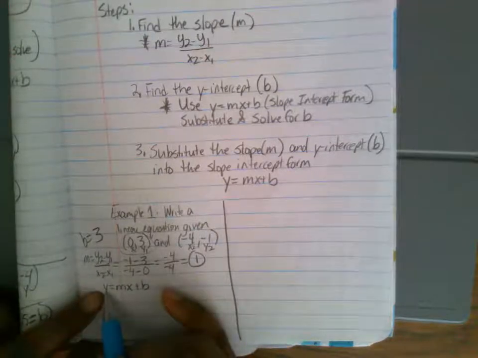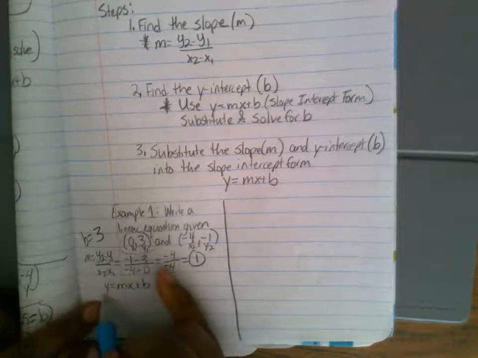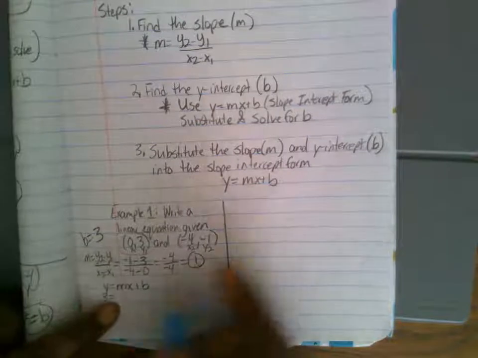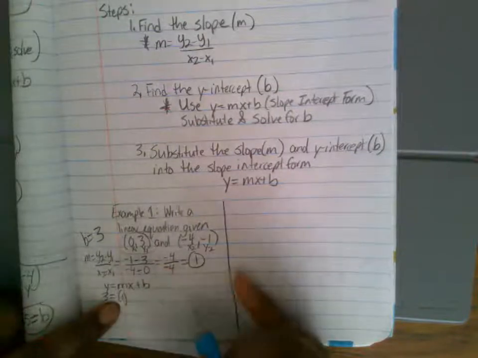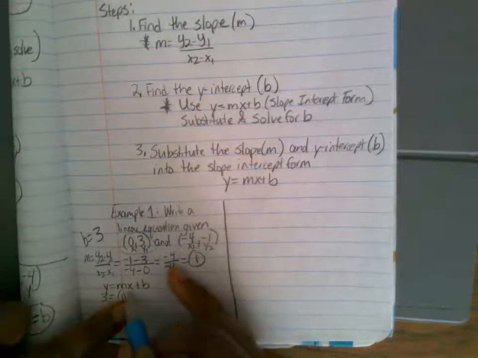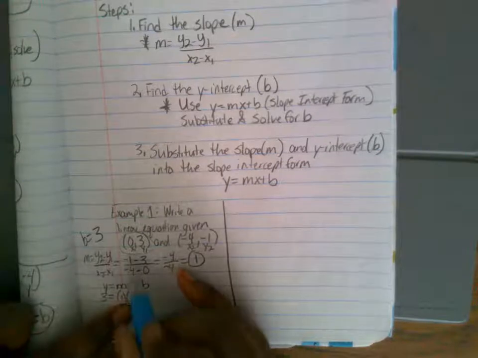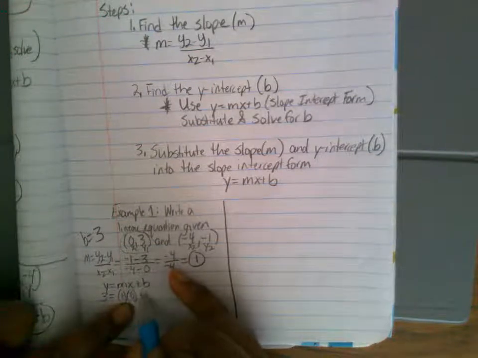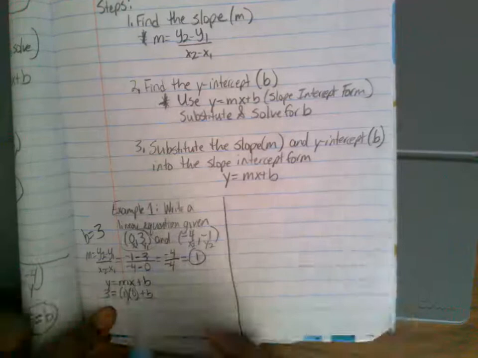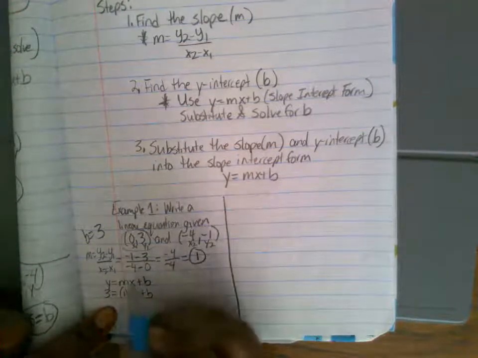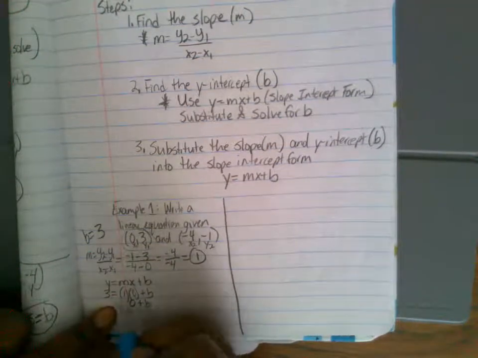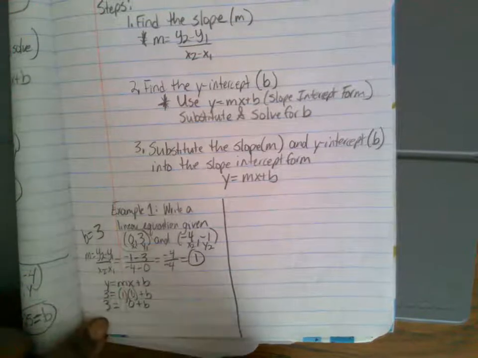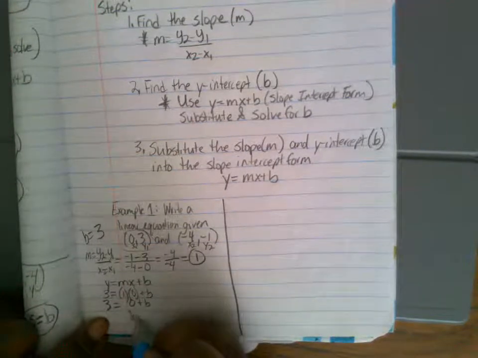So we have our y is going to be 3. M is going to be 1. And x is going to be 0. Bring down the plus b. When we multiply, this gives us 0. So this is 0 plus b on this side and 3 on this side. 0 plus b is just b.